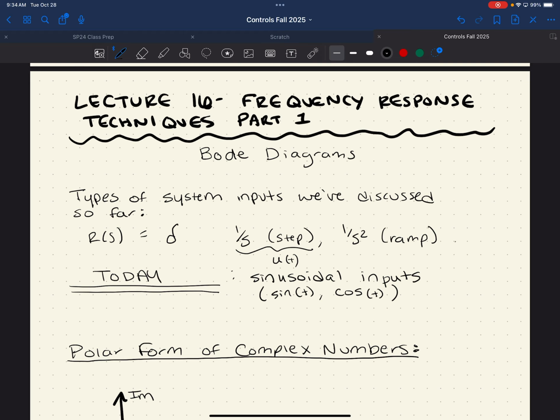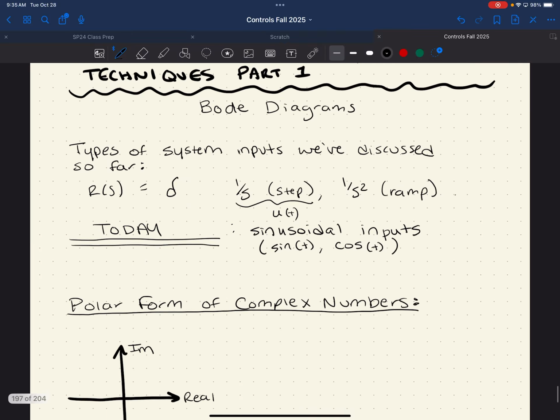If you've designed cams at all, you'll have a cam that's rotating, and as the cam passes by a certain surface, that surface might rise or lower, and it will do so every time you go through a cycle of the cam. Okay, so that thing that's raising and lowering due to the motion of the cam is experiencing cyclic forcing. So we often have sinusoidal inputs to our engineering systems.